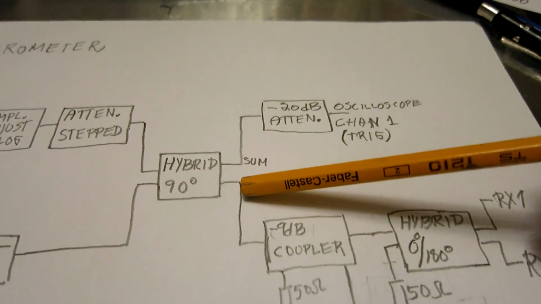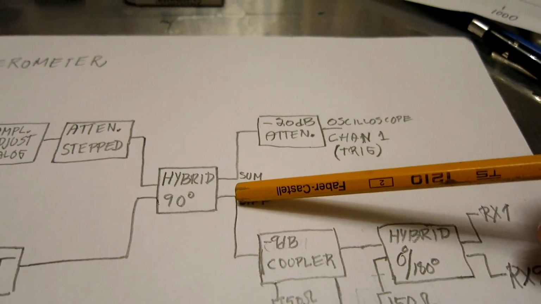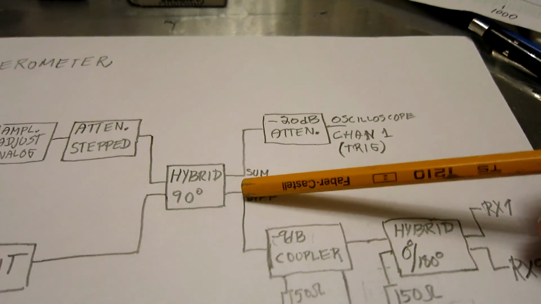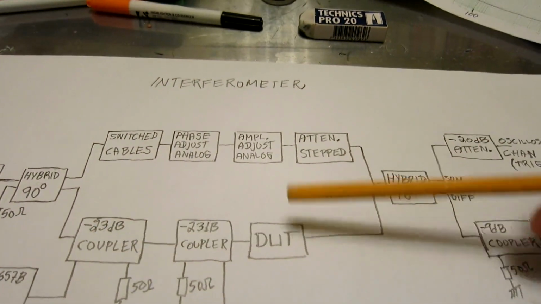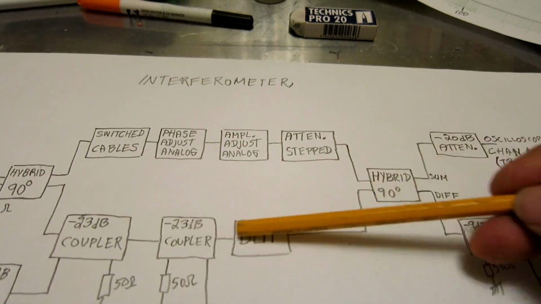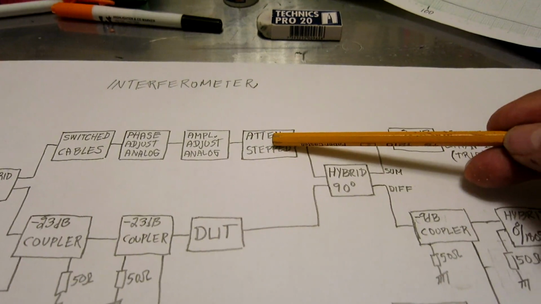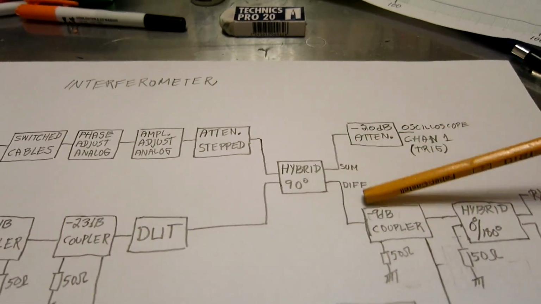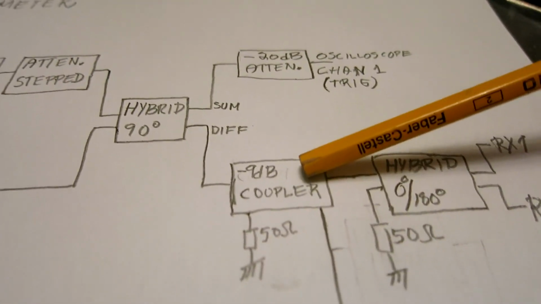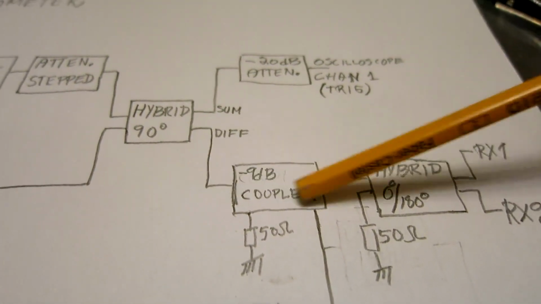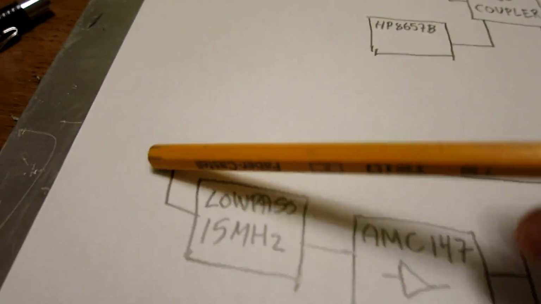And the difference, which is ideally almost zero, I mean the carrier should be balanced to zero, and what remains is whatever noise that is introduced in this leg or in that leg or in both of them, because what happens here and what happens here is uncorrelated, so they don't subtract in the hybrid. And then I have a -9 dB coupler to pick up what goes through here, and that is to look at it with the oscilloscope.